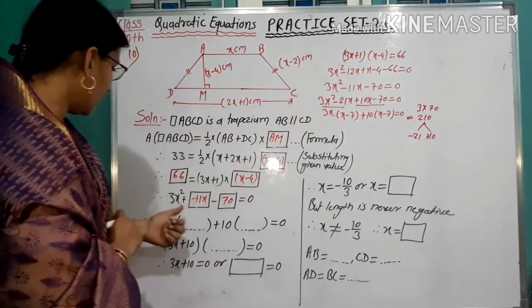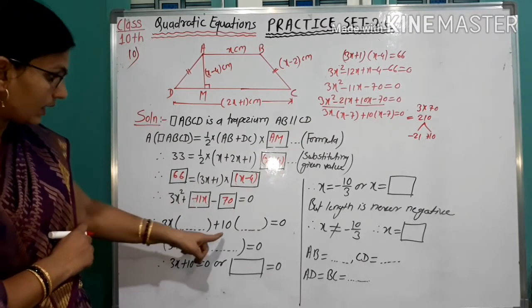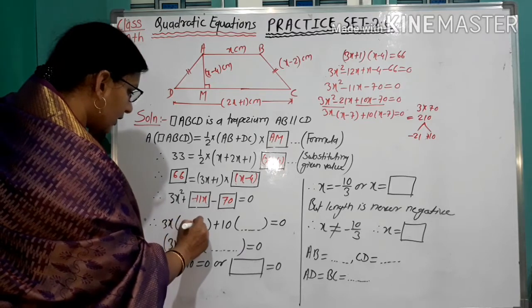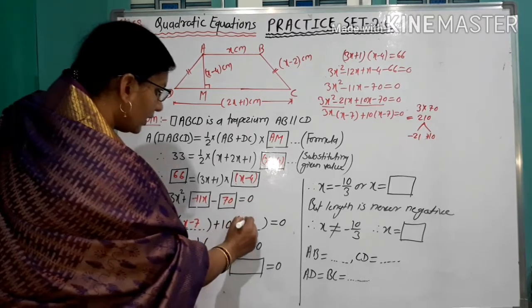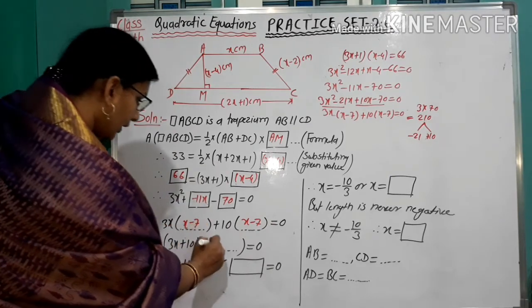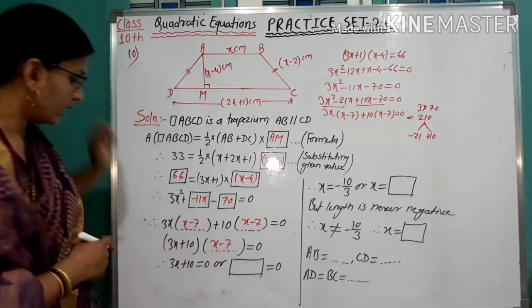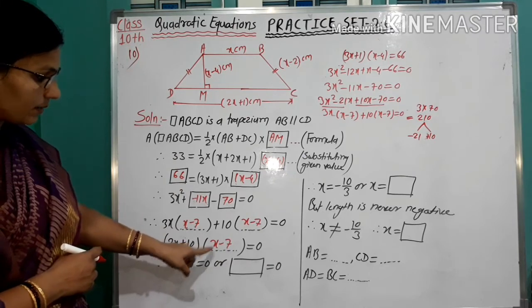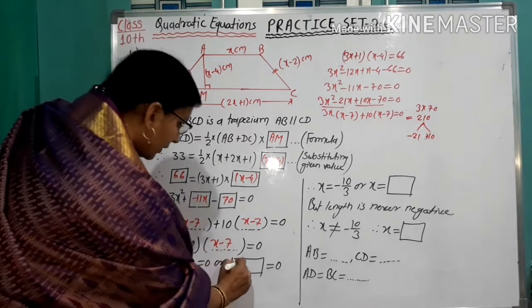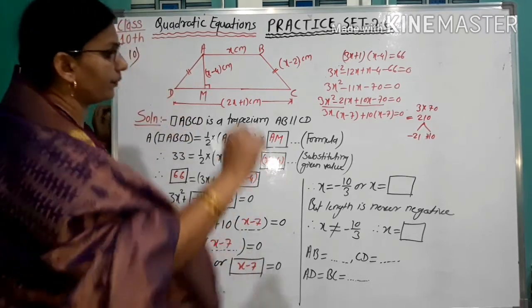From this step here 3x and plus 10. So in the box here x minus 7 and here x minus 7. Therefore 3x plus 10 in one bracket, x minus 7 in another bracket. That is, its value is 0 and x minus 7 is also 0.